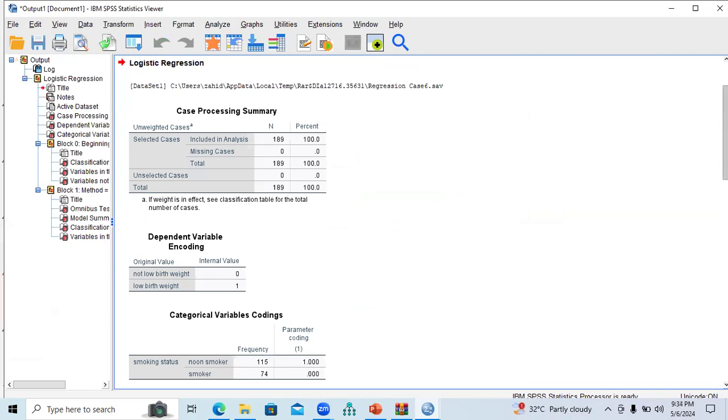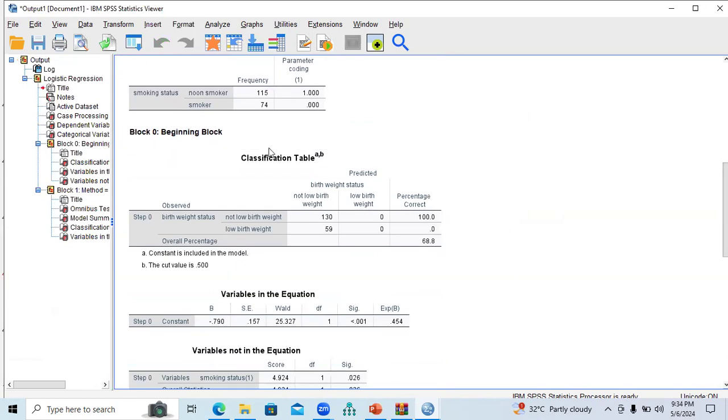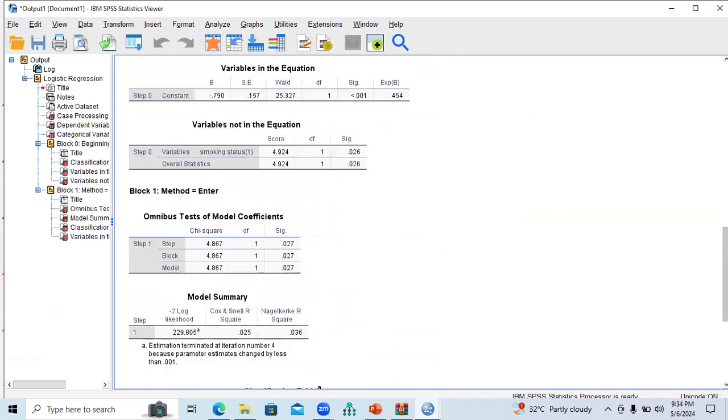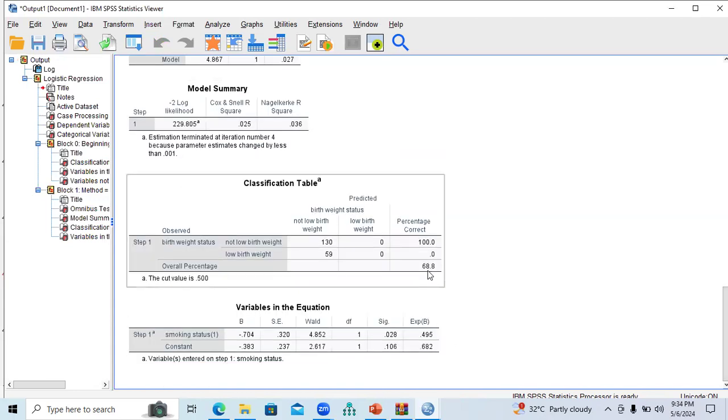As we have already discussed, we need to ignore the block 0 results. We need to consider the block 1 results. So here the significance is less than 0.05, so we can say that there is an impact of smoking status on birth weight. Here the Cox and Snell R square is about 2.5%. You can see the model accuracy is about 68.8%.